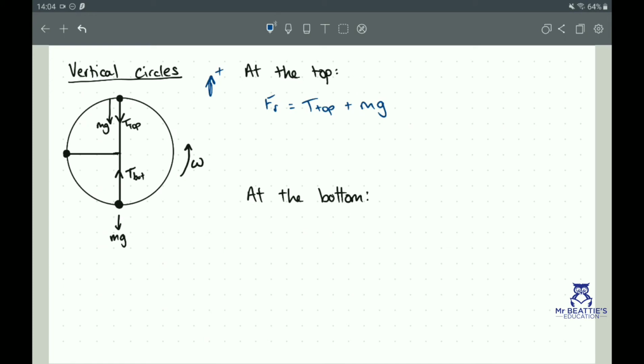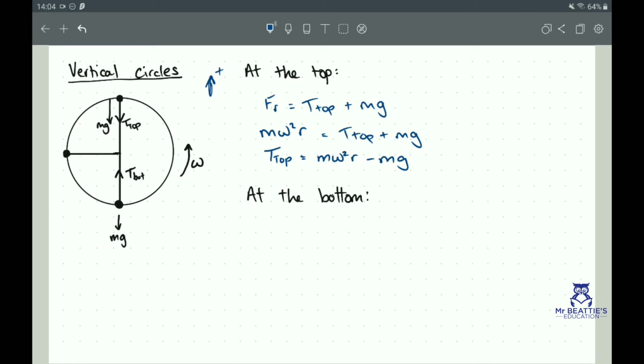So that resultant of those two is the centripetal force acting towards the centre. We could substitute in that m omega squared r is therefore equal to T top plus mg. If we rearrange that, the tension at the top is equal to m omega squared r take away mg.